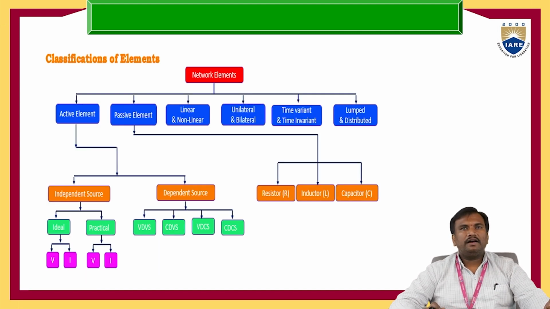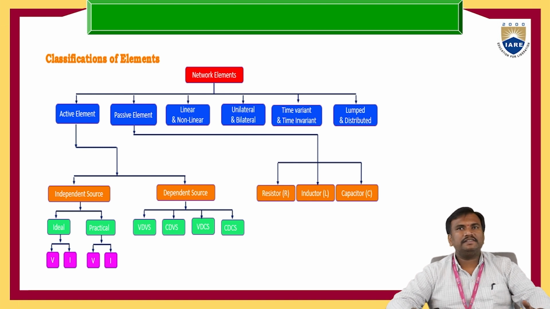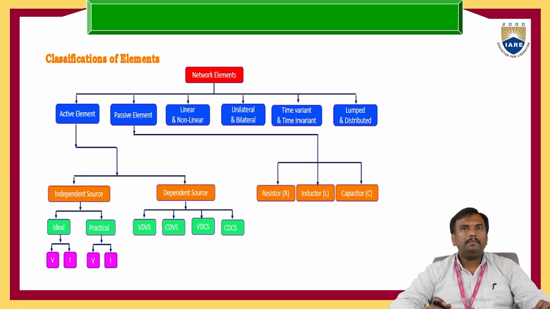Now let us go with the classification of elements. Here the network elements are classified into six major categories: active elements, passive elements, linear and nonlinear elements, unilateral and bilateral elements, time variant and time invariant elements, and lumped and distributed elements.